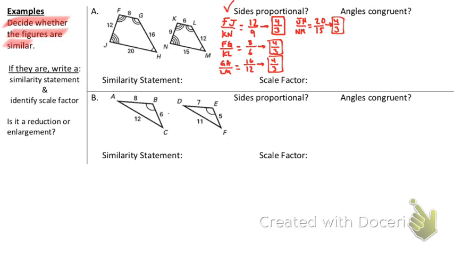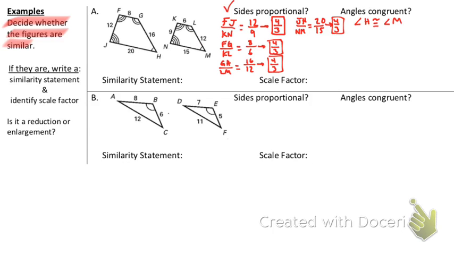So let's start with angle H. It matches with, if you look, angle M. Now let's just check if they are congruent. So is angle H congruent to angle M? And the answer is yes, because of the arcs.